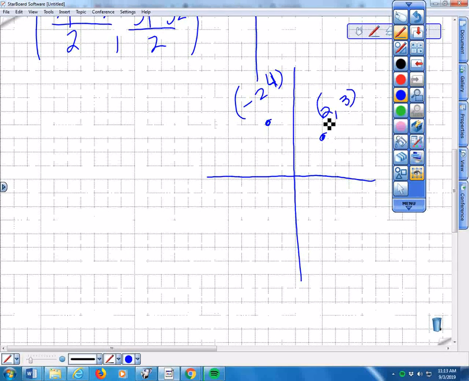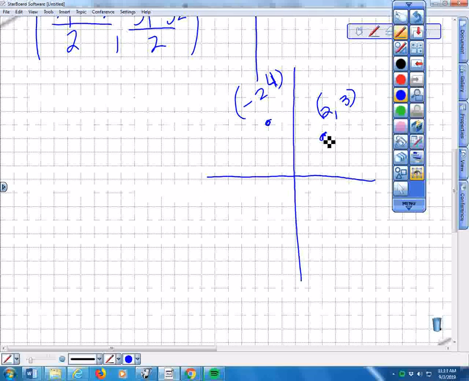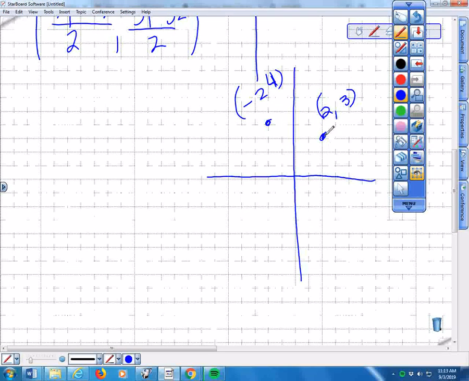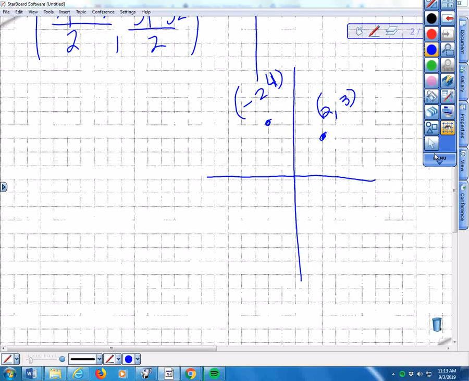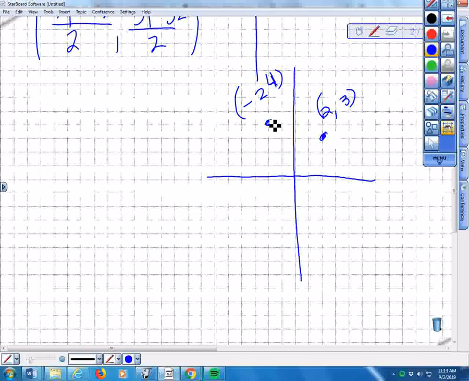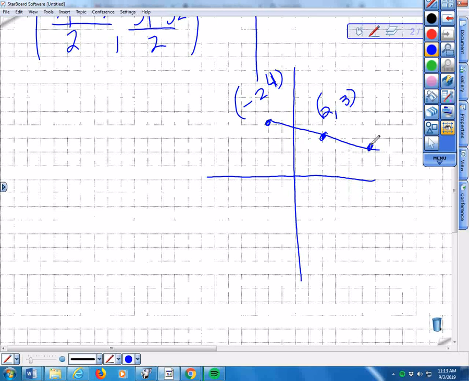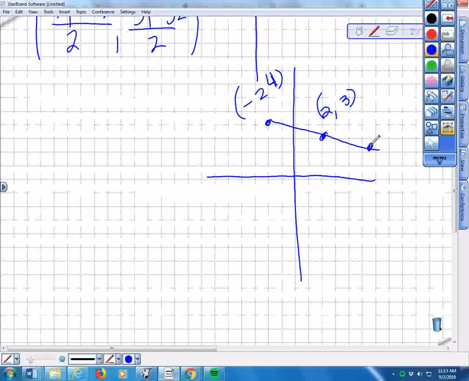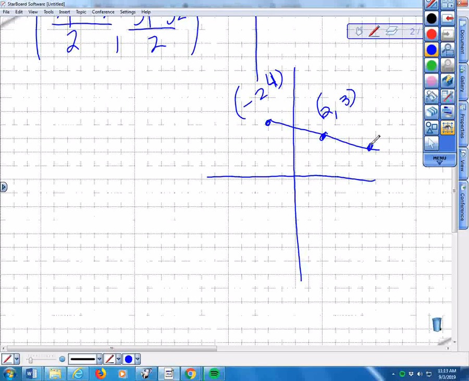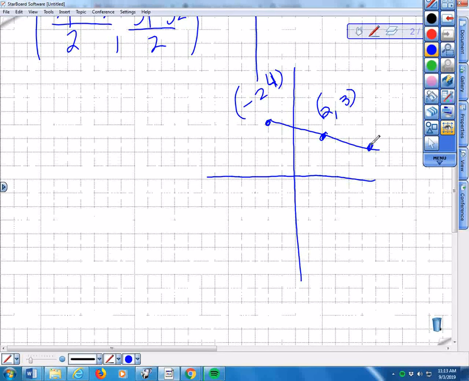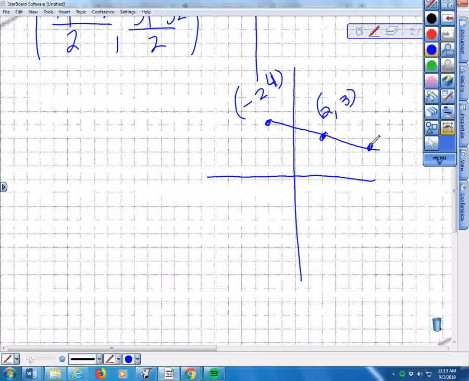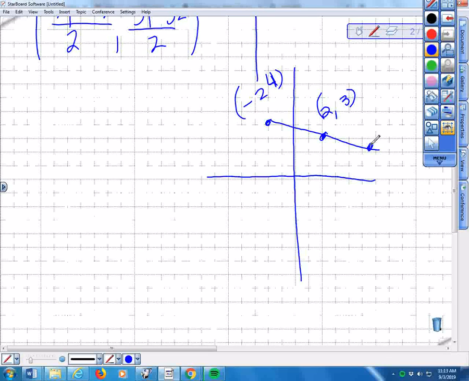And you're told that this point is the midpoint of some segment. That this is the endpoint, this is the midpoint, and you want to find out where that endpoint is. You're given one endpoint and a midpoint. Understand the question?